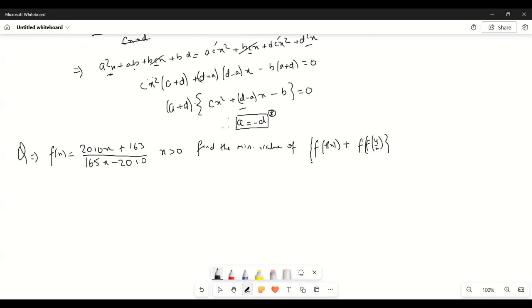So this was a question that was asked in 2010. If f x is 2010x plus 163 by 165x minus 2010 for x greater than 0, then find the minimum value of the expression f of f x plus f of 4 by x.